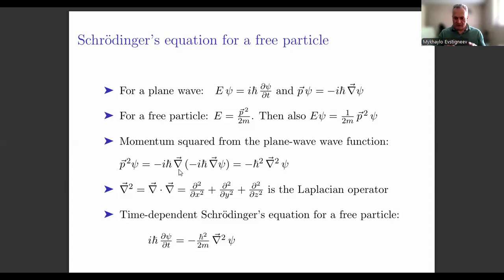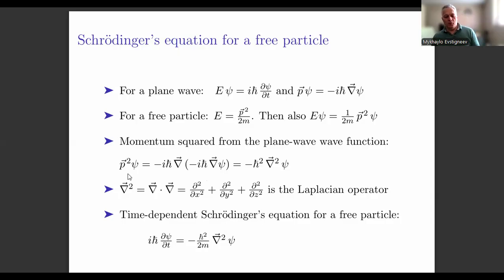If you apply gradient twice, that is the dot product of the gradient operator with itself, a scalar operator, which equals the sum of second derivatives with respect to x, y, and z, and it is called the Laplacian operator.